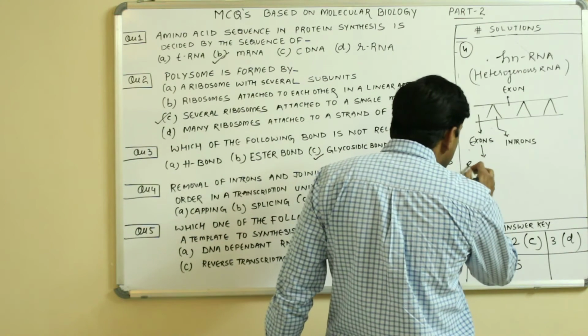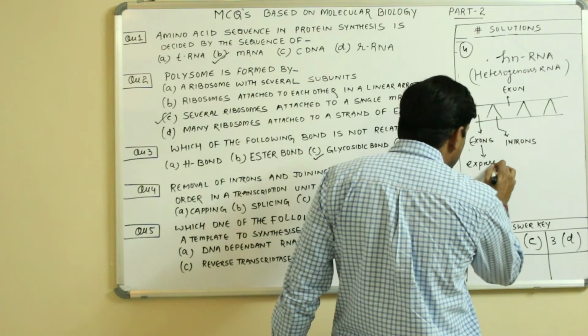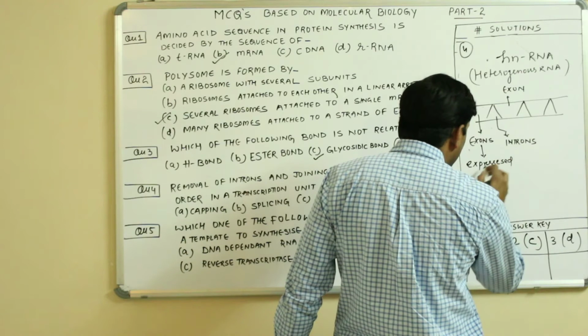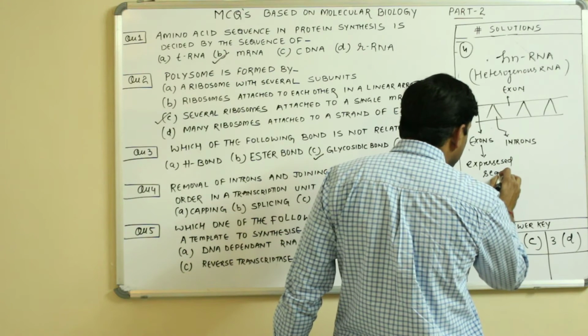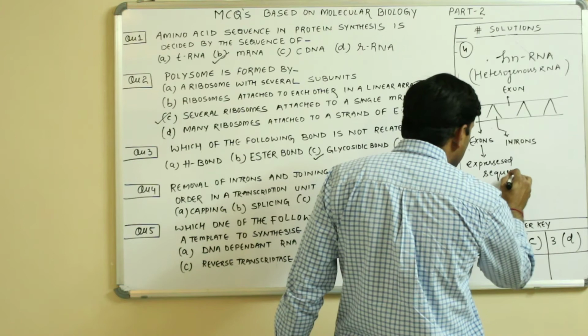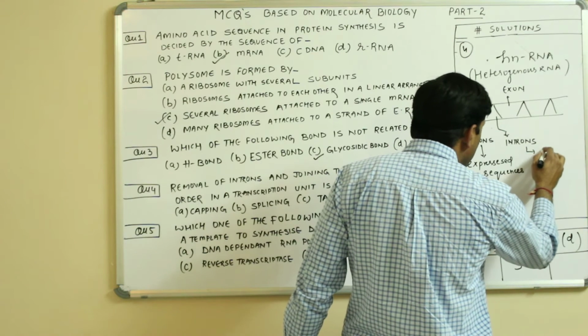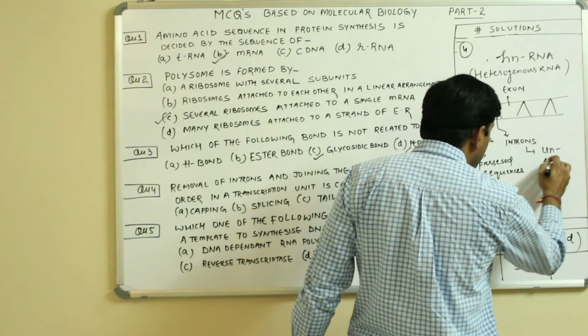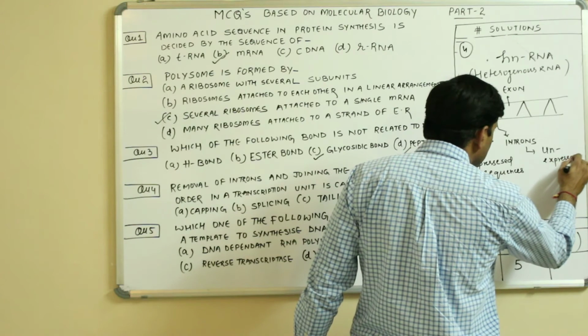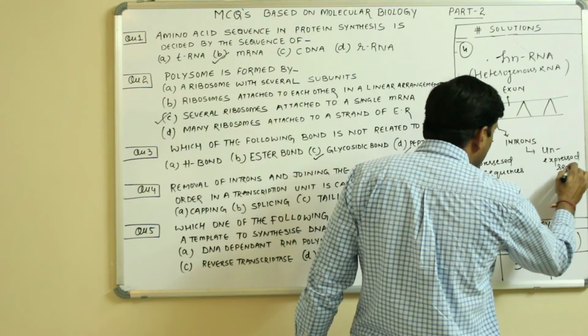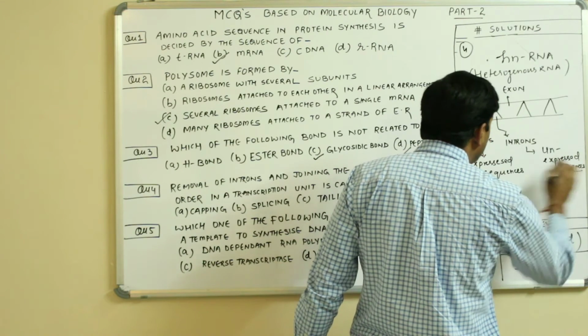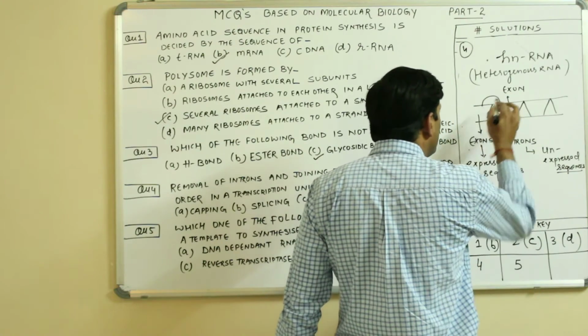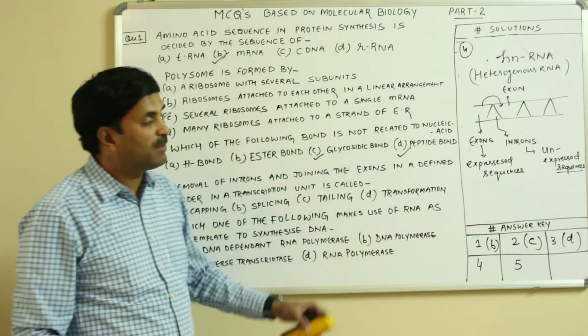Now these exons are expressed sequences, and these are unexpressed sequences. If we want to pass the genetic information from one exon to another exon, it is not possible. Why?